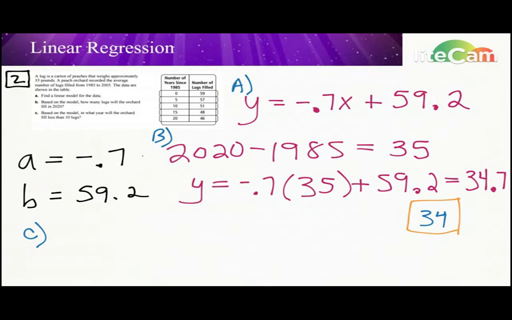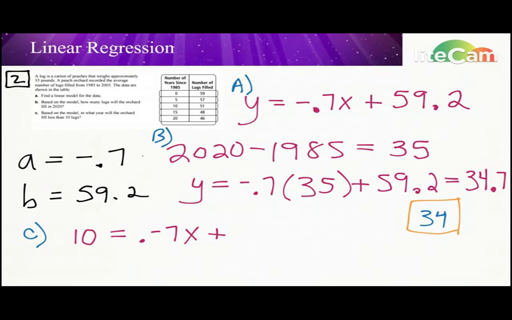Okay, so let's find in what year will they fill 10 lugs. So I know that this number is our y. So I want to put 10 in for the y. And I want to find years, and I know that is my x. So I want to solve for x.